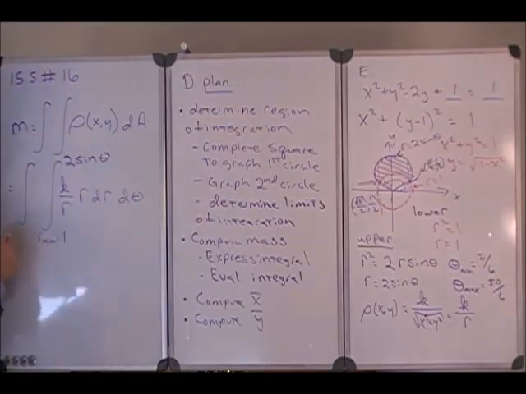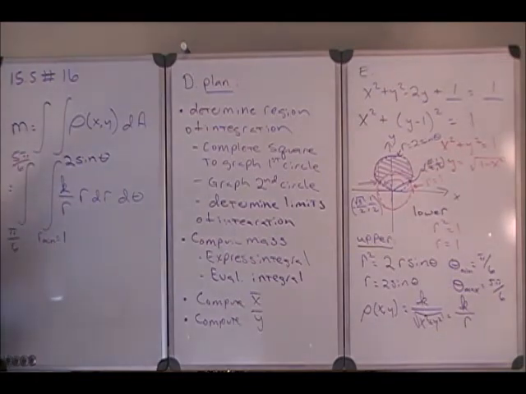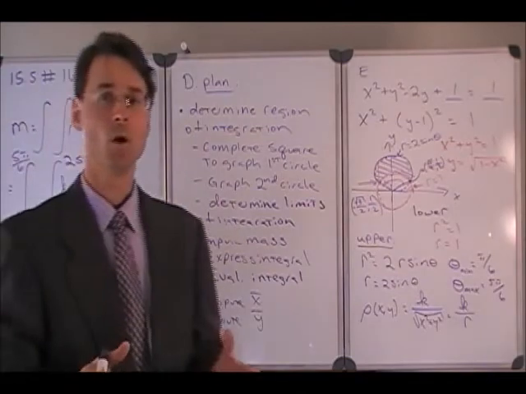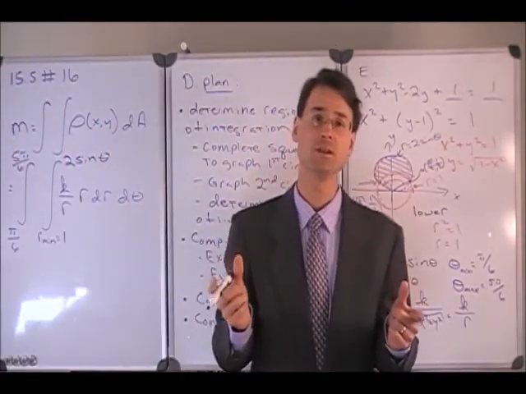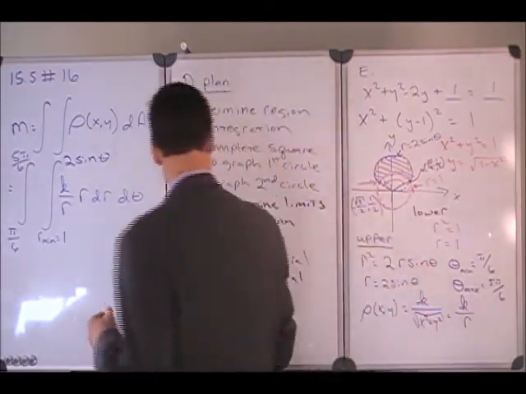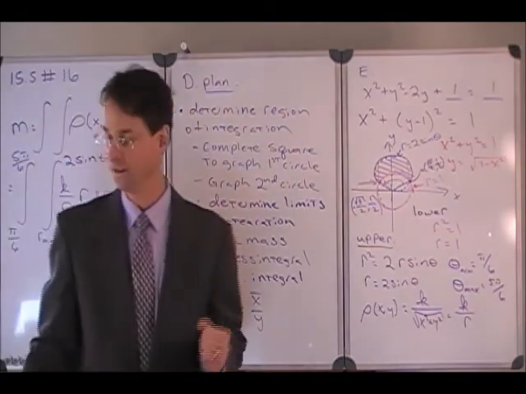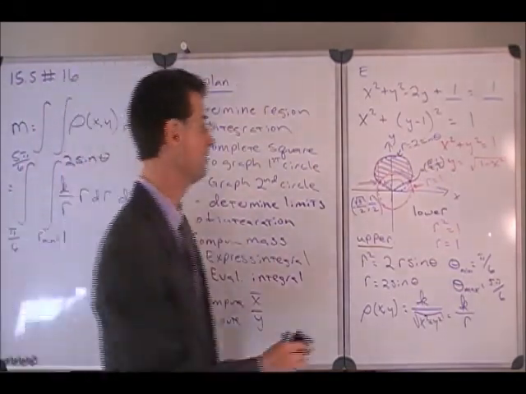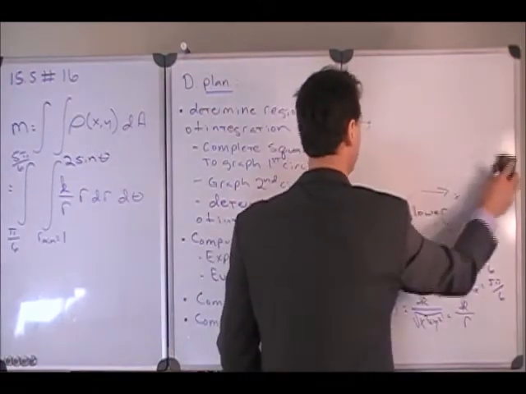The lower limit of integration in theta is pi over 6, and the upper limit of integration is 5 pi over 6. Okay, and before we go over to MATLAB and work this integral, let's go ahead and set up the other 2 integrals, the integrals for the x and the y coordinates of the center of mass, because those are related in a straightforward way to the integral that we already have.